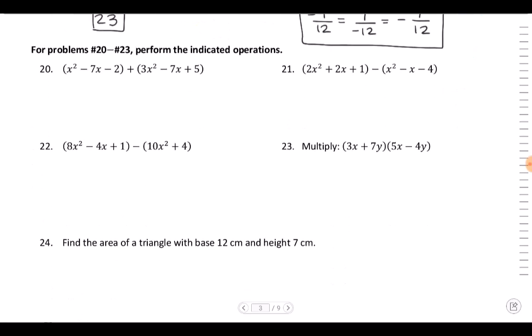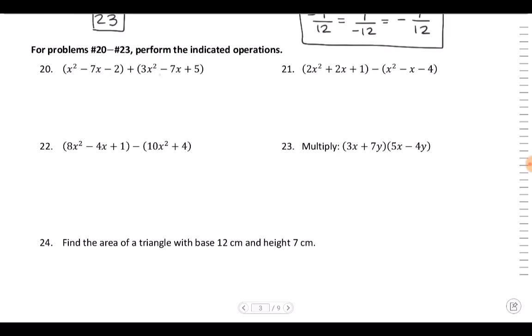Okay, for problems 20 to 23, perform the indicated operations. Okay, well, I have a plus sign in between here, my polynomials, and that means I have nothing that I need to distribute. I first look inside my parentheses to see if I can combine anything, and I notice that I have all unlike terms. I have x squared, and then a negative 7x, and a negative 2, which none of those are like terms.